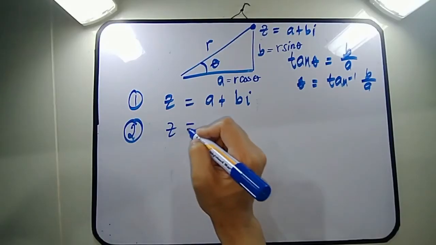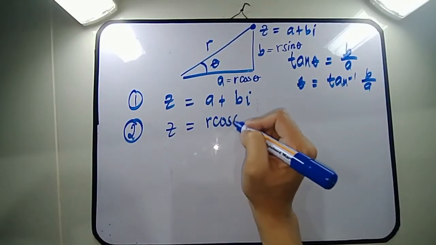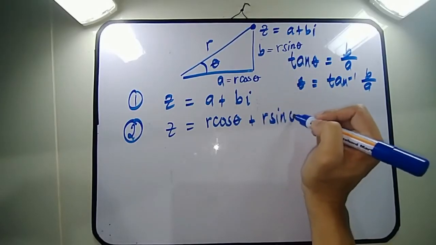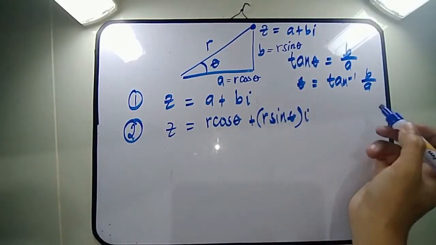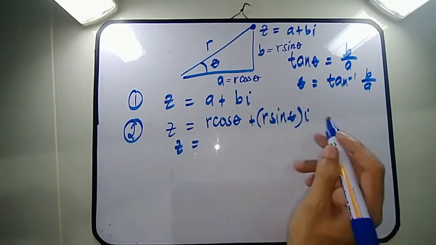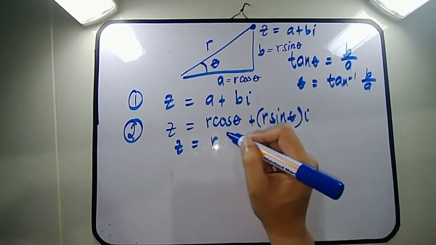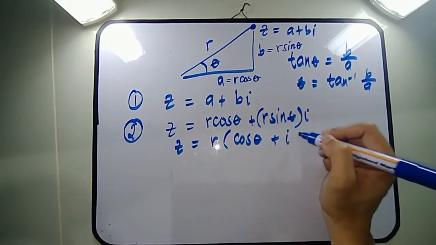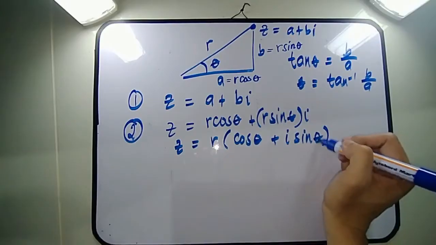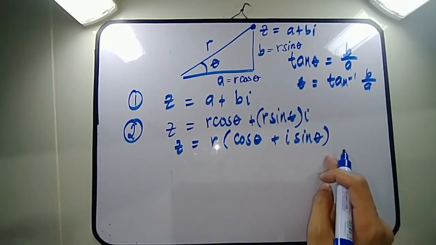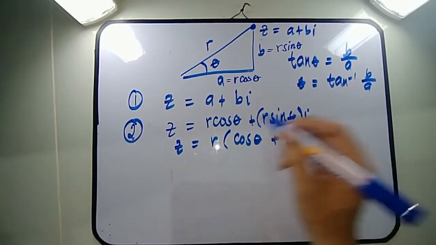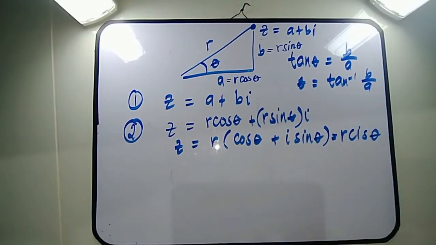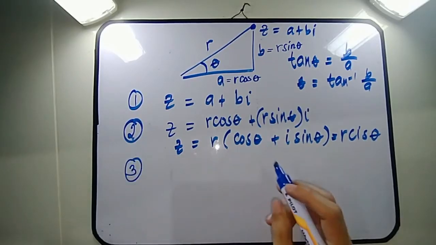Z equals r cosine theta plus r sine theta times i. Therefore, factoring out r, Z equals r times the quantity cosine theta plus i sine theta. This is our trigonometric form, or simply denoted as r cis theta.